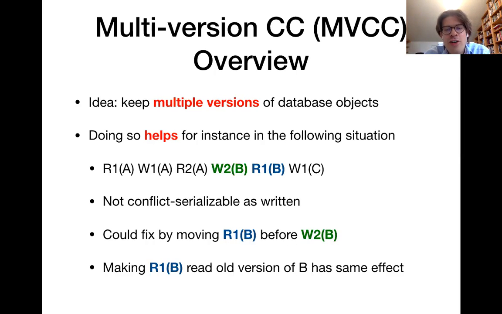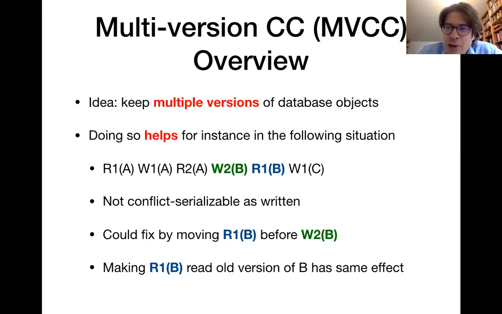And we also have an edge from transaction 2 to transaction 1 because of those conflicting writes and reads on object B. Those two are marked up in green and blue in this schedule. Now, we would have a conflict serializable schedule had the read on object B happened before the write to object B, so if those two would be swapped.